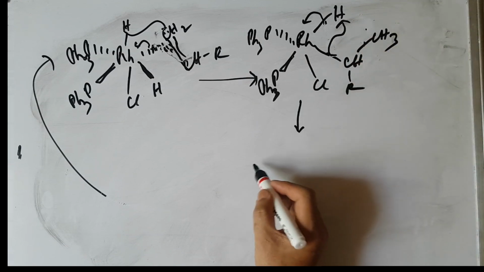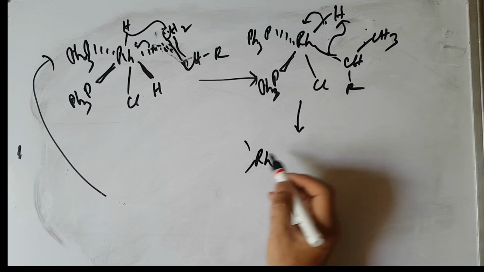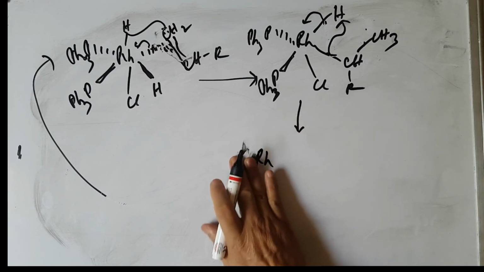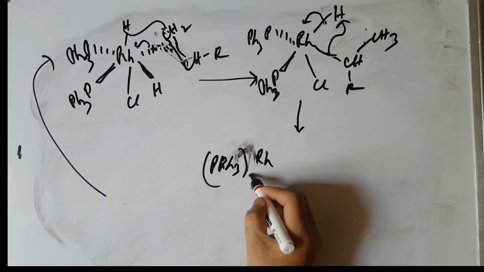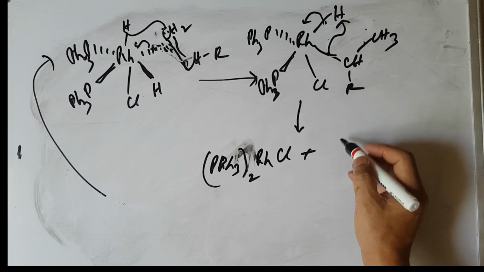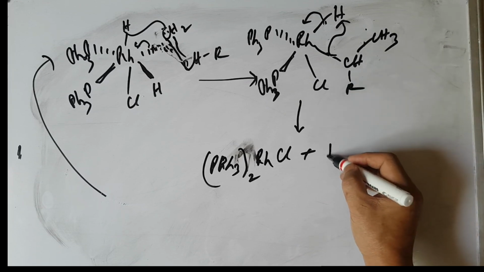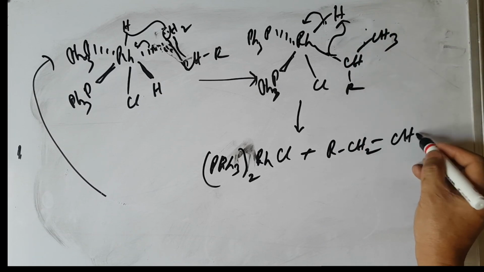So finally the product is rhodium, which we can write as RhCl(PPh3)3, plus the saturated compound. So you have RCH2, and this CH2 becomes CH3.